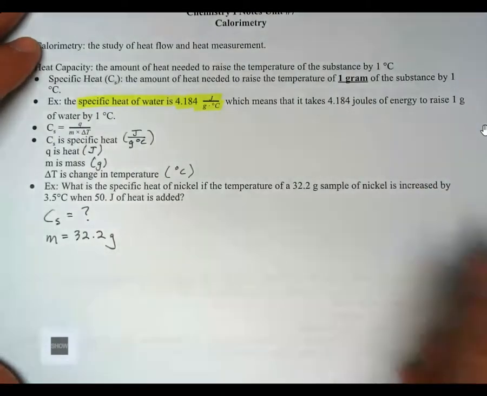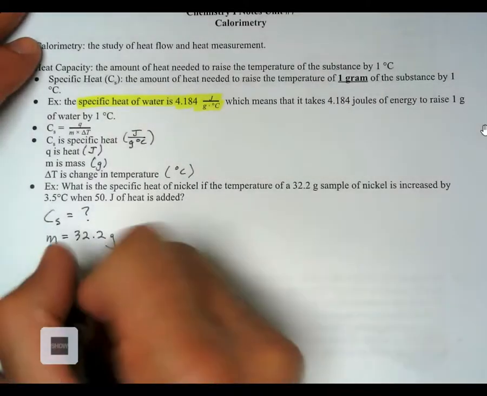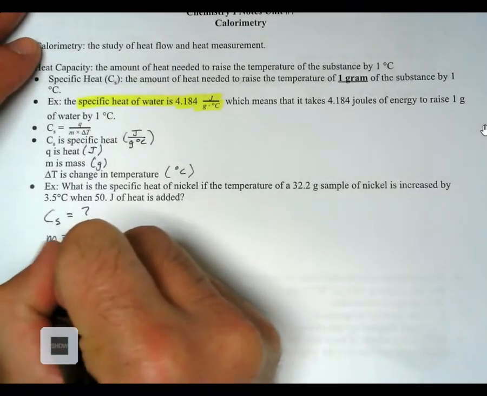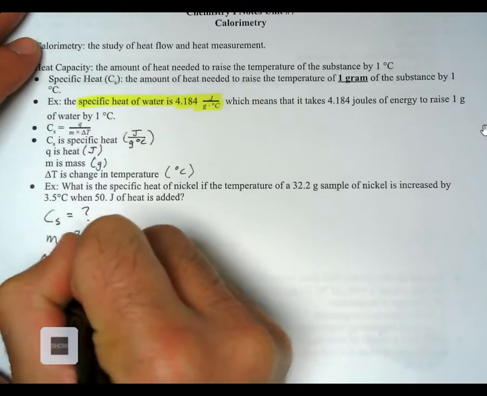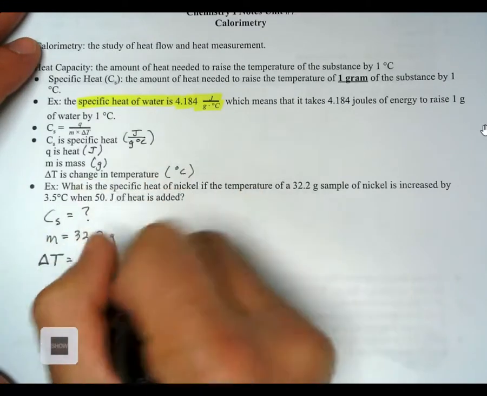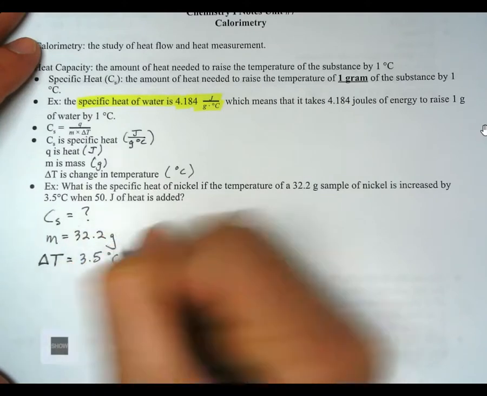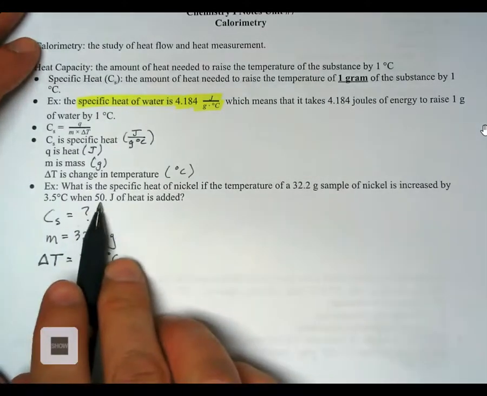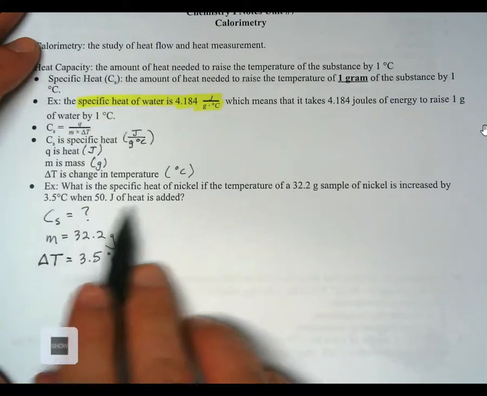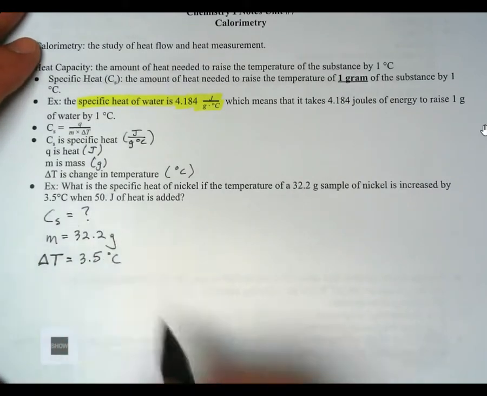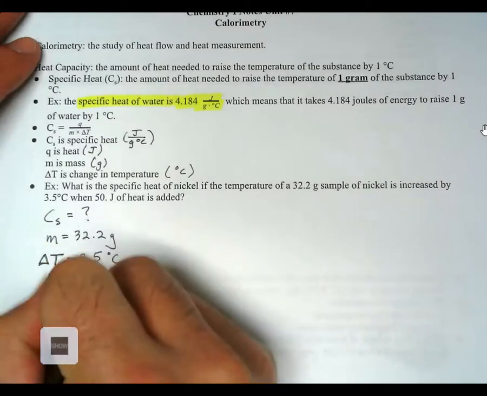I'll explain why in a little bit, but the increase by, that's our change in temp, because it's increased by that amount, 3.5 degrees Celsius, when 50 joules of heat is added. This is just heat in general, so that's our Q.